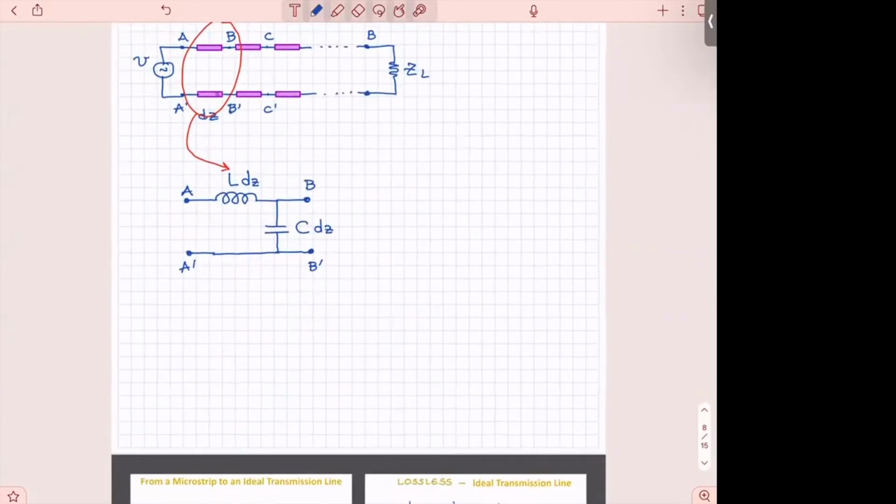Let's call this V at A prime. Let me extend this a little bit for a second. I'm going to extend the lines, so I can write easier. It does not matter whether I'm extending it. In circuit form, it does not matter how long your wires are, when you design, when you write it.